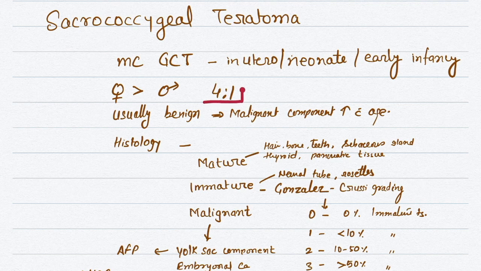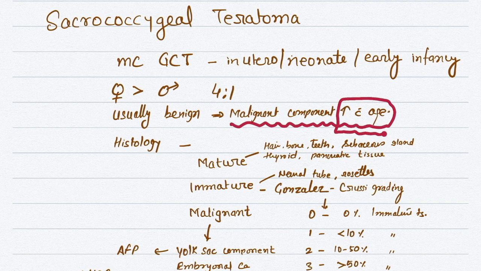They are approximately 4 times more common in females as compared to males. They are usually benign and cystic, but can be malignant, and this malignant component is usually solid. The chances of a malignant part increase as the age of the patient increases.